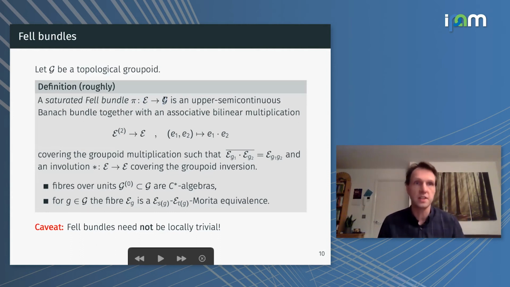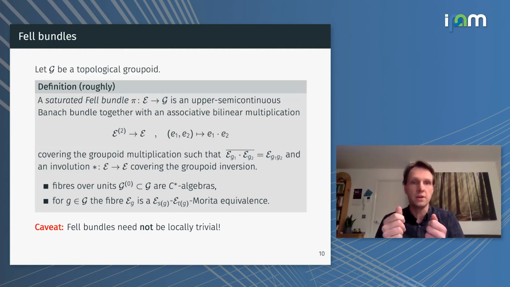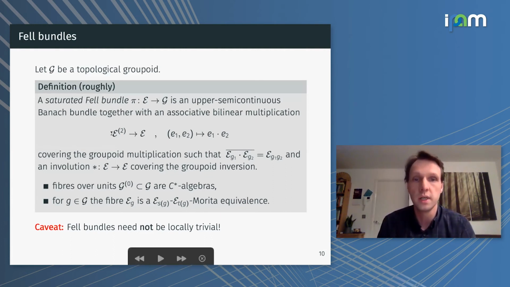And then the trick is that over composable arrows in your groupoid, you want to be able to multiply the elements in the fiber, right? So whenever I have g1 and g2 and two elements e1 and e2 sitting over them, if I can compose g1 and g2, I want to be able to multiply the two corresponding elements in the fiber of the Fell bundle.